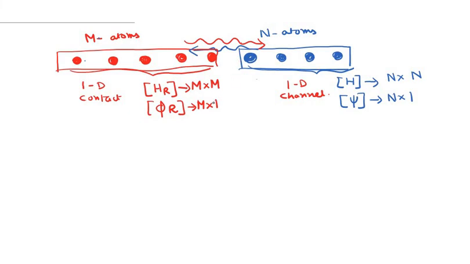So here also, just as in that case, we are taking this contact as one unit and the channel as one unit. And let us say that the coupling between the contact and the channel is denoted by this matrix tau.